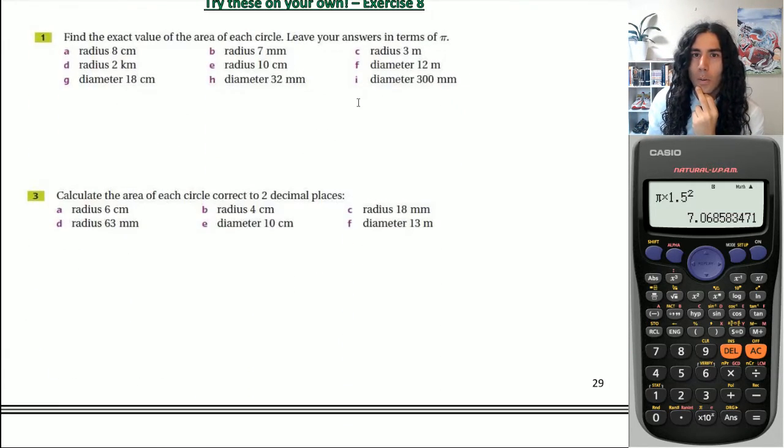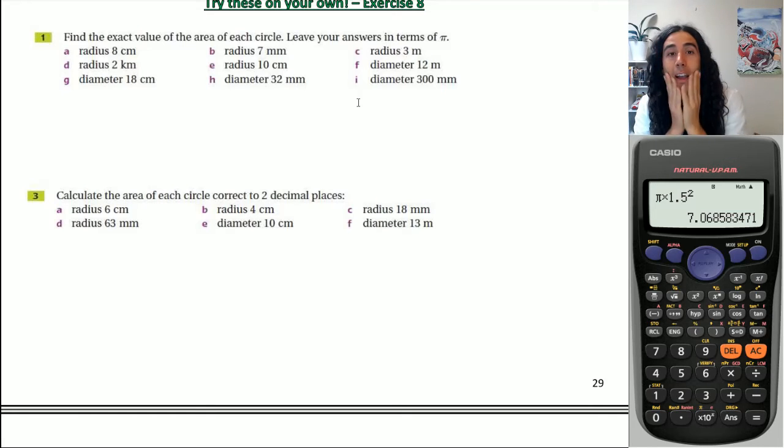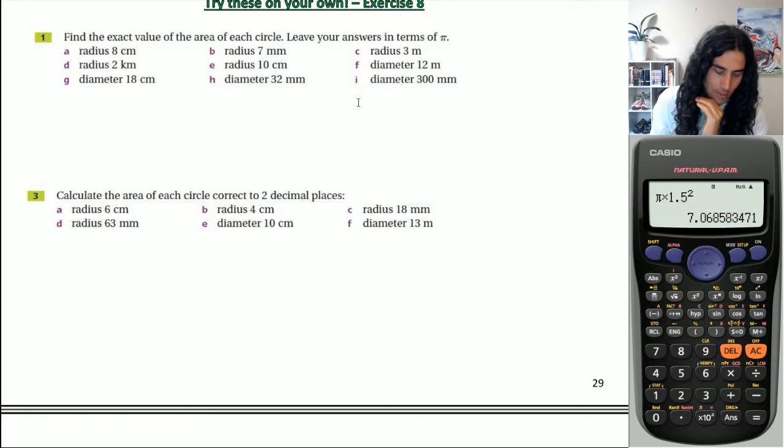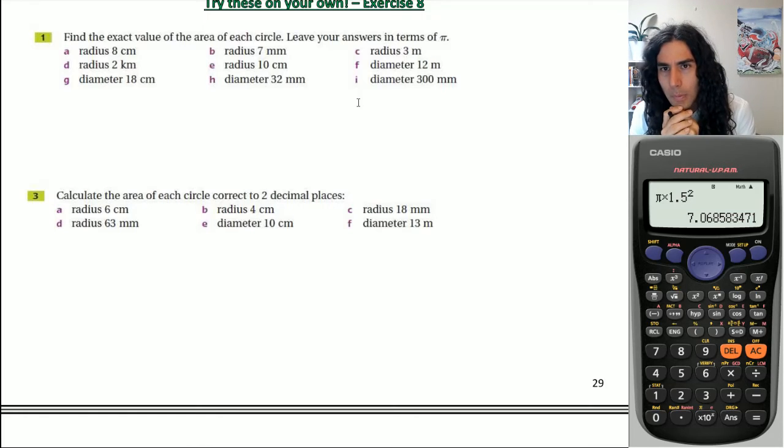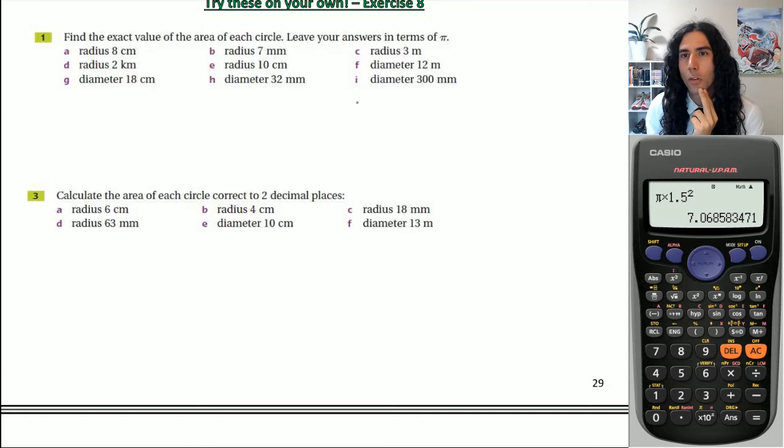So, find the exact value of the area of each circle. Leave your answers in terms of pi. Let's not do that. Let's also just, why do we have to do so many?